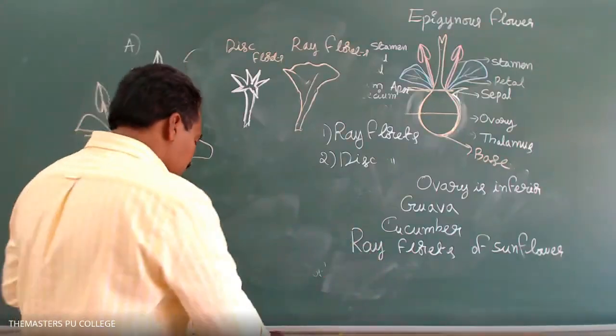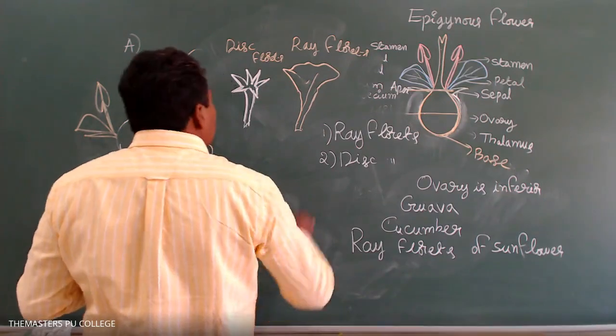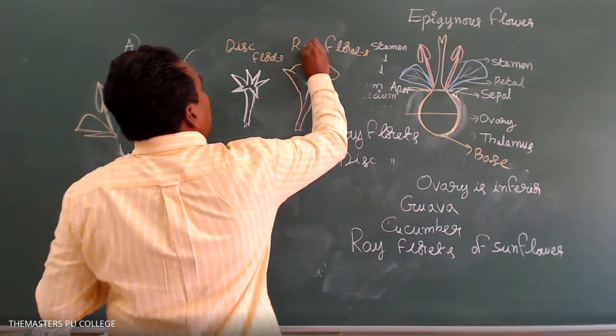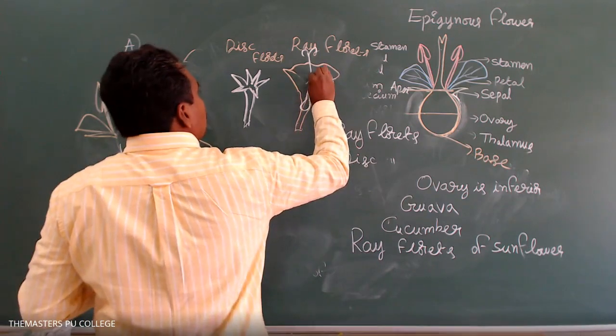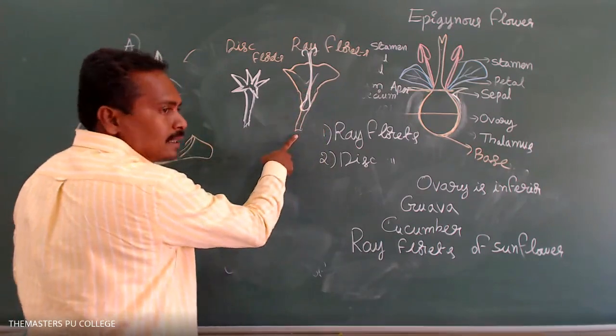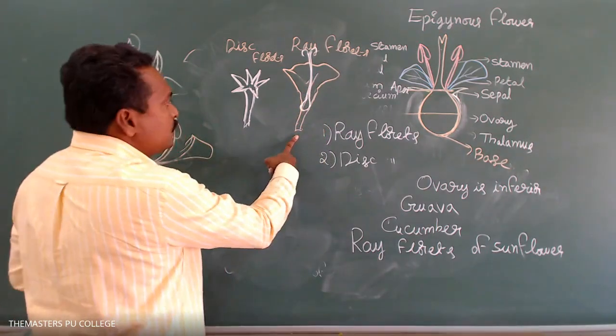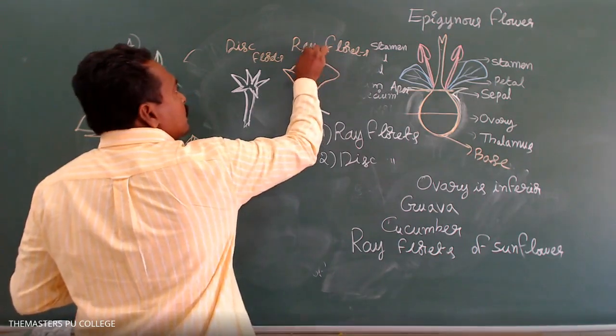In ray florets, where is the ovary present? This is the floret, ray floret, ovary, stigma.